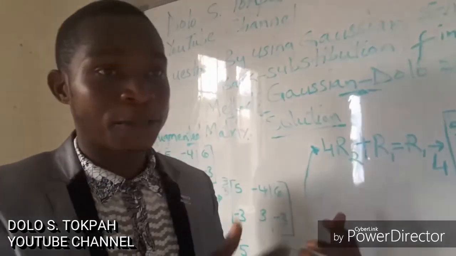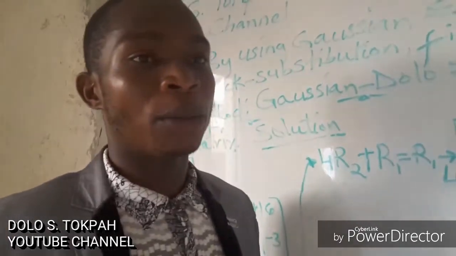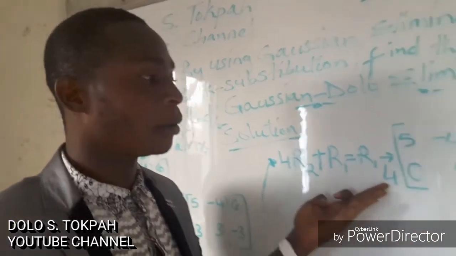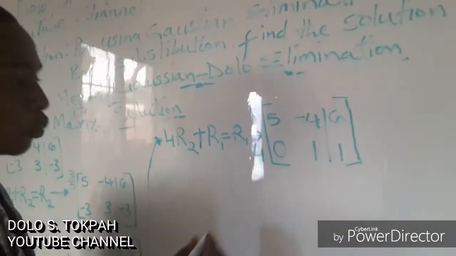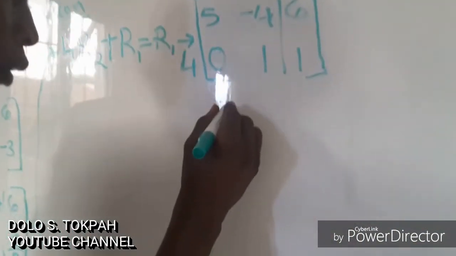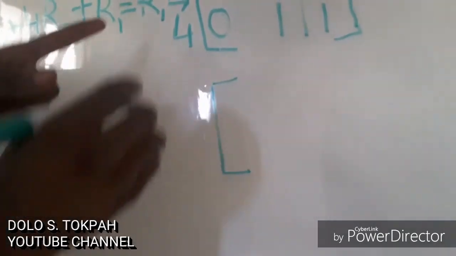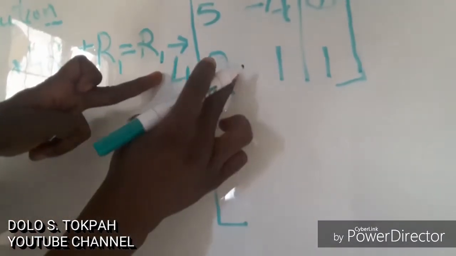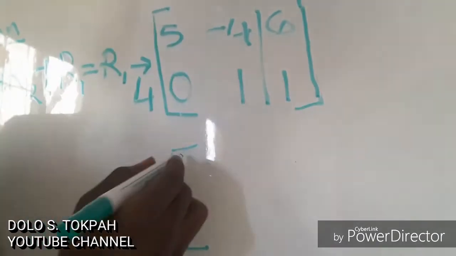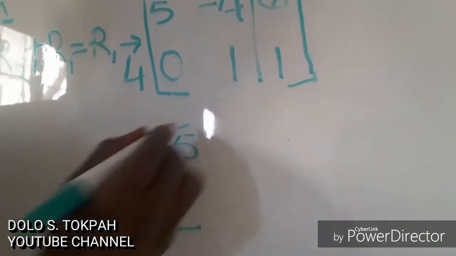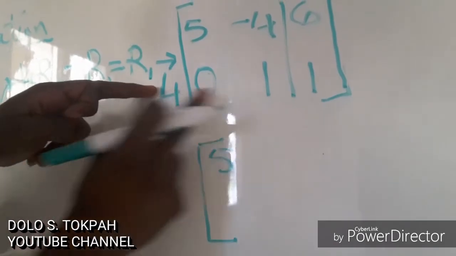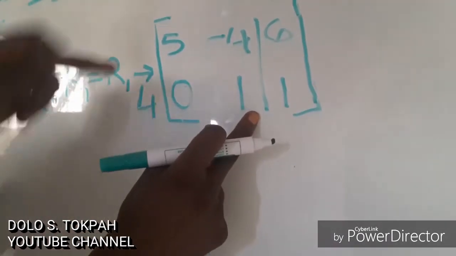It is at this point that we're going to multiply the 4 here by the second row. So we come to our next step. We draw our matrix sign. So we say 4 times 0 is 0. 0 plus 5, we will just have our positive 5. 4 times 1 will give us positive 4.